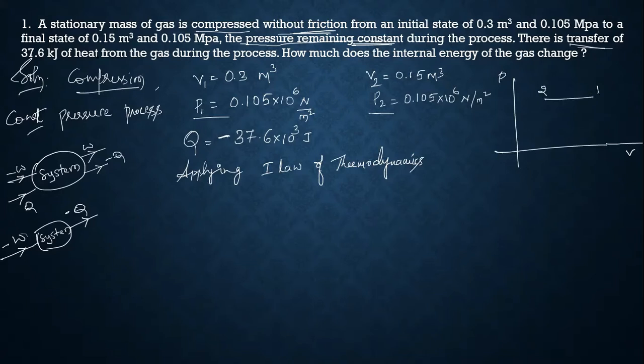Look at this, 0.3 and 0.15. Volume decreases. Area below the curve is work done. Area is work done on the system. Therefore, applying the first law for a non-cyclic process, Q1 to 2 minus W1 to 2 is equal to U2 minus U1.